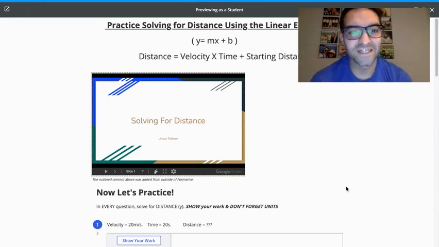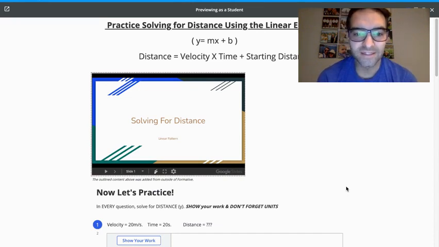Welcome to physics. Today we are continuing on with our practice, really, with solving for distance using the linear equation. And again, we're looking at problems that have a constant velocity. With our first activity, we looked at the relationship between distance and time.